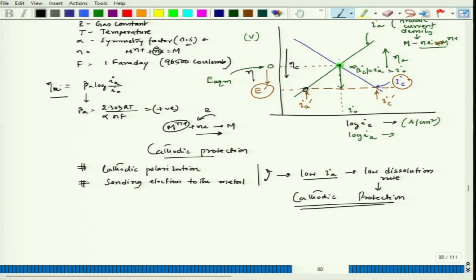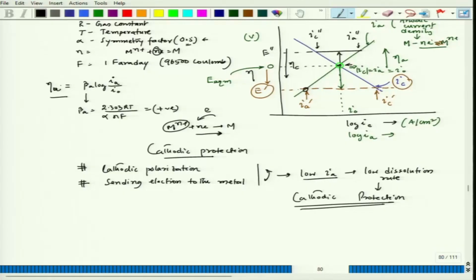But let us see one small issue: what happens if we take the potential up, because we have also talked about taking the potential up and then having protection. In this particular case it is not possible, because if we take the potential up, let us say you have taken the potential here, E double prime, corresponding to Ia double prime and Ic double prime. Had it been at the equilibrium position, there would have been no dissolution, because equilibrium happens for the non-corroding system.